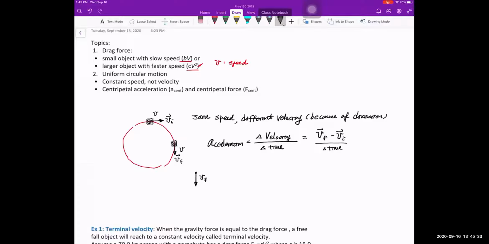How do you use the arrow to represent a minus initial? The minus initial is simply opposite to the initial. My initial was going to the right, so this time I'm going to draw it to the left. So that will be my initial velocity. Our net change is from the starting point to the end point of the second vector. That will be the VF minus VI. That is the change of the velocity.